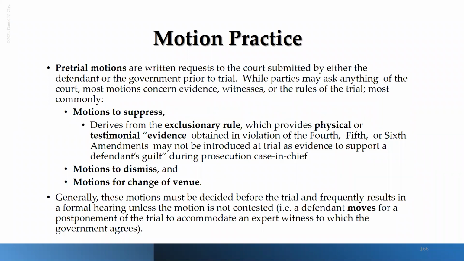Now, that being said, if you're doing criminal defense, it's almost malpractice not to file a motion to suppress some type of evidence, right?